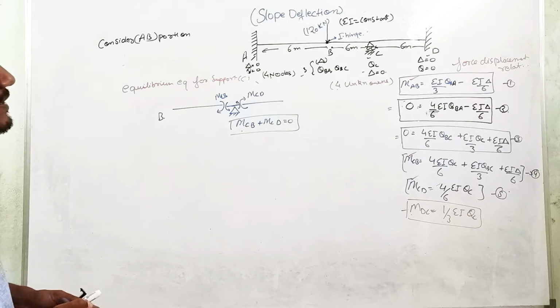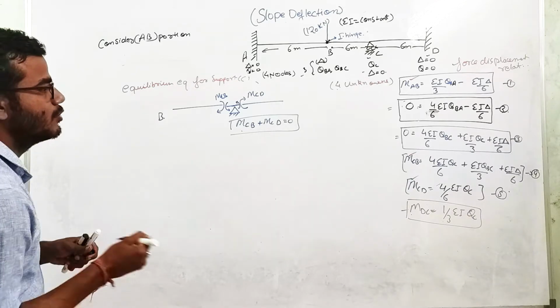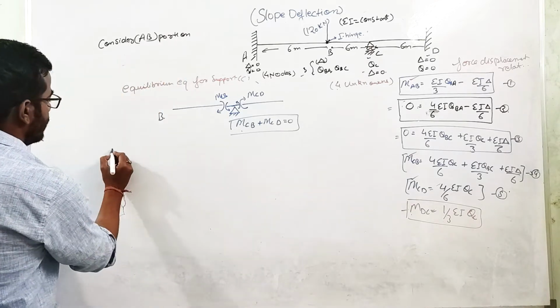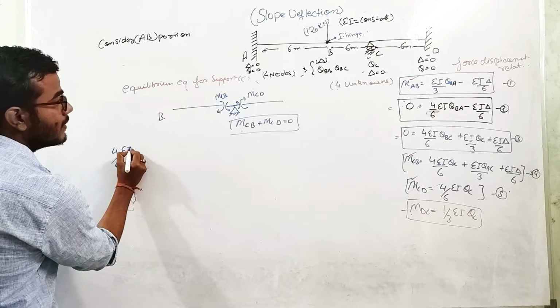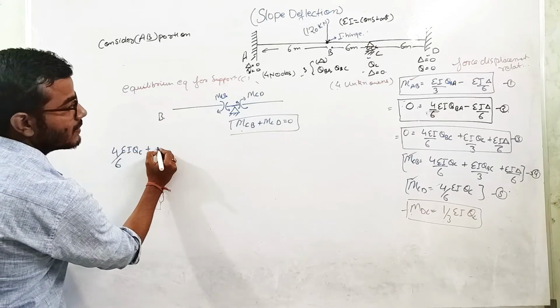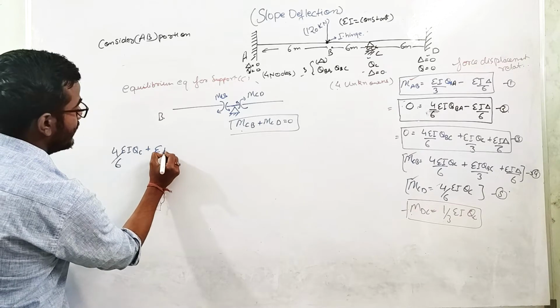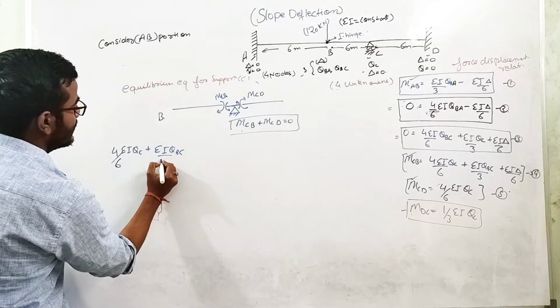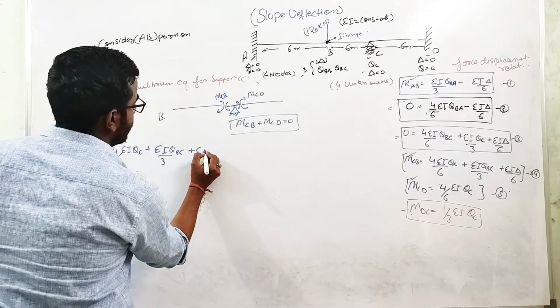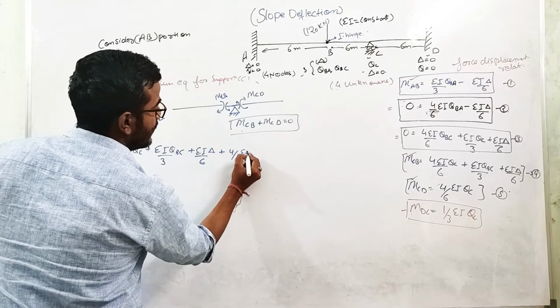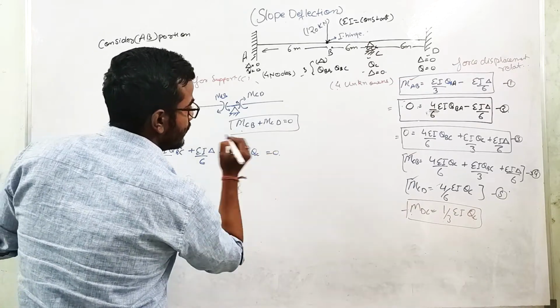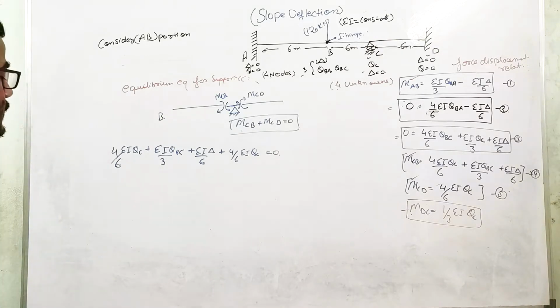Now if we put the value of M_CD in this equation, I can write 4 by 6 EI θ_C plus EI θ_BC over 3 plus EI delta over 6 plus 4 by 6 EI θ_C equals 0.